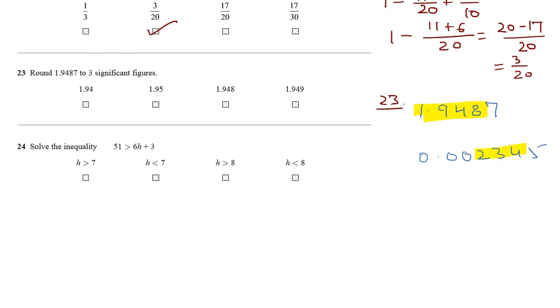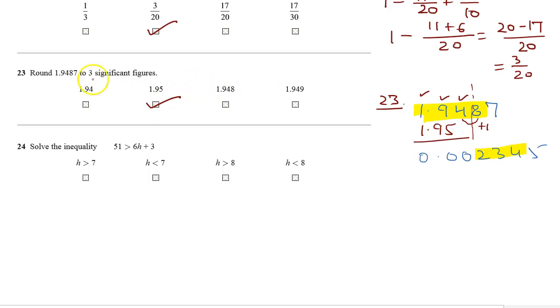Now it says 3 significant figures. This is first, second and third. After the third, if the number is 5 or more than 5, you increase this by 1. So it will become 1.95. That is the answer.